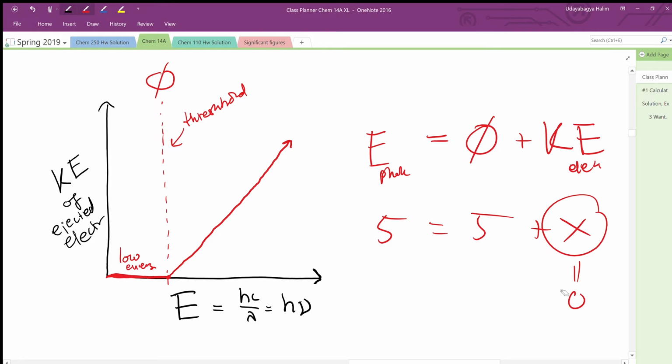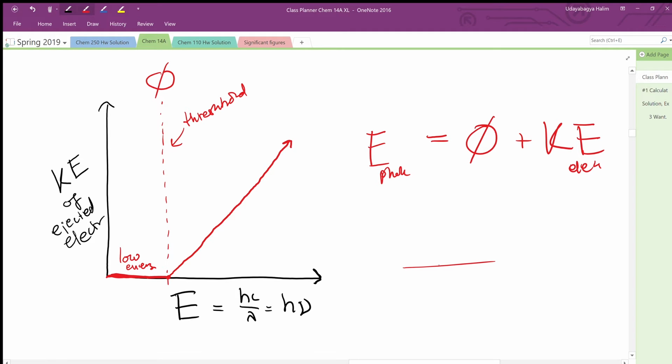We talked about this earlier when we discussed ionization. It would be enough to get it to ionization, but then have no energy left over to impart any kinetic energy. You can think of it as just outside, and it just came back in almost immediately, because there's not enough energy left over.